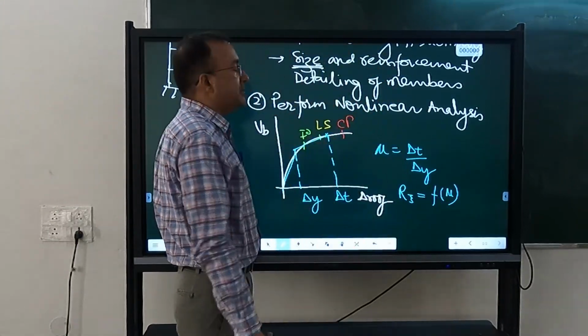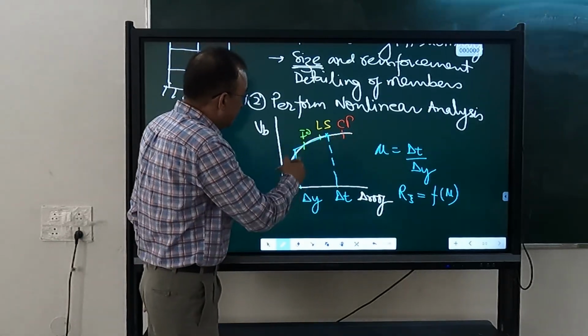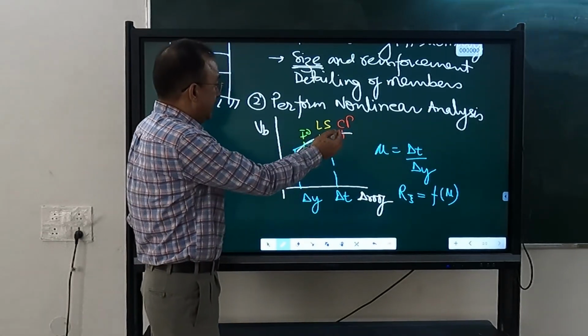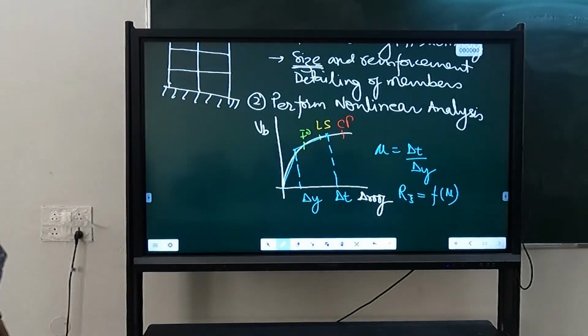So you decide how much damage you want. And the building capacity curve will decide what is the value of delta Y. That will give you the mu.